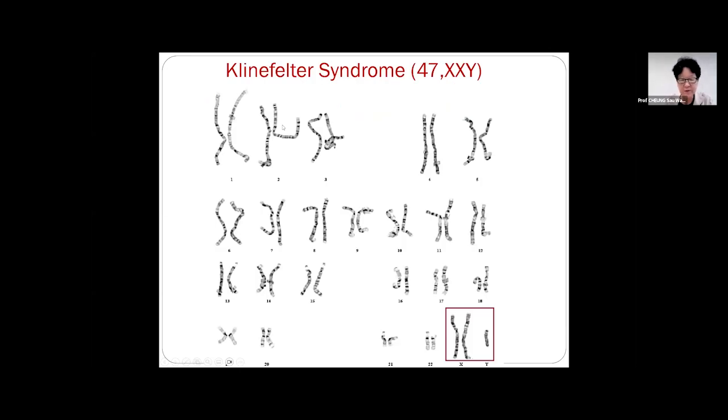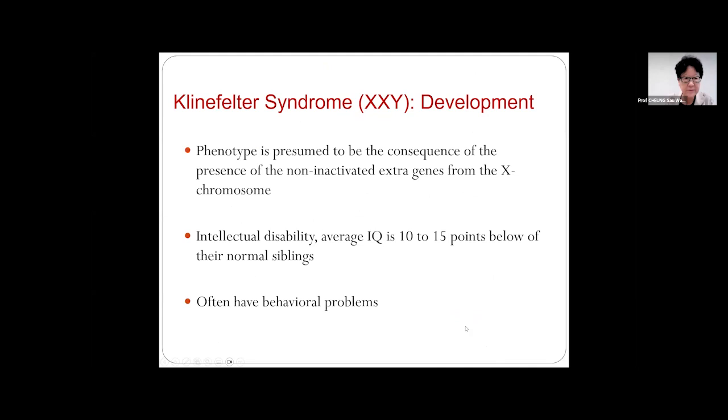So Klinefelter is 47 chromosome, and then you will see additional X chromosome, usually it's X and Y, but Klinefelter will be 2 X's. Phenotype is presumably to be consequence of presence of a non-activated extra X from the X chromosome. They have intellectual disability and other behavior problem.